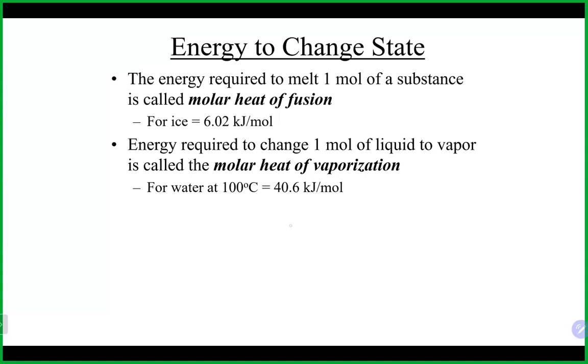As we go from solid to liquid, or liquid back to solid, the amount of energy required is sometimes referred to as the molar heat of fusion. It's also abbreviated with that delta H, the enthalpy symbol we saw earlier when we talked about energy in chapter 9, I think it was.